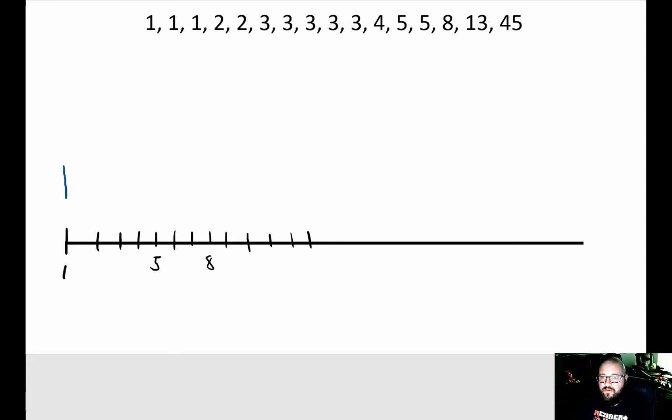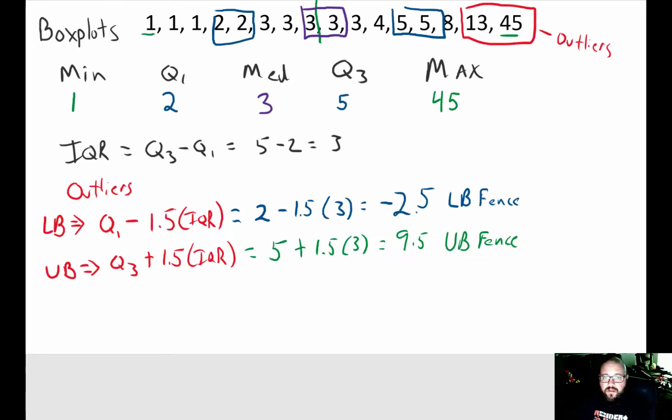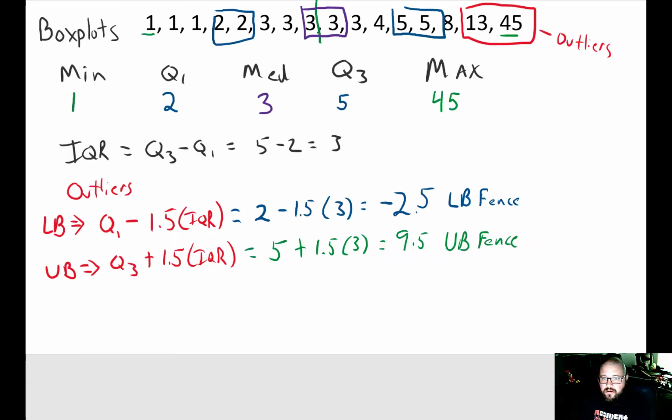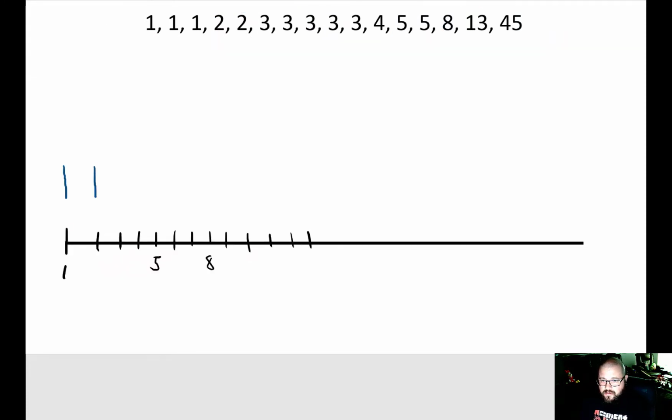Now, we know for our Q1, that was labeled as a 2. So I'm going to draw another line right here on 2, just like this. Okay, we know that our median was a 3. So we'll draw another line right there for a 3.